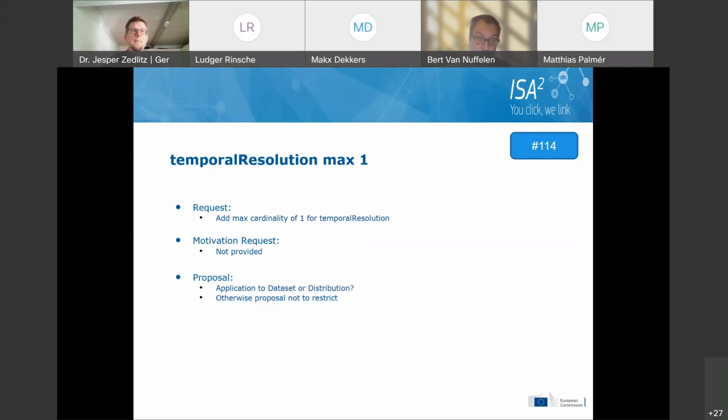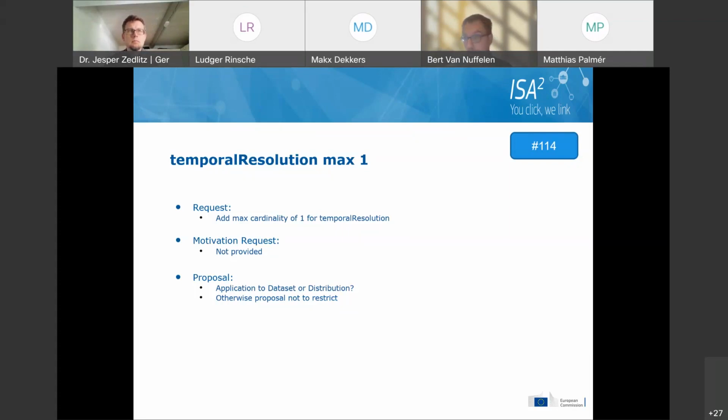So maybe, but I would say don't change the cardinality, change the text. So it's not the minimum resolution, it's a given resolution or a possible resolution. It shows the possible resolutions of the dataset, and this can have multiple values.